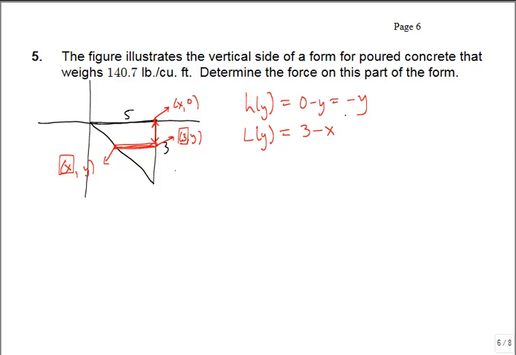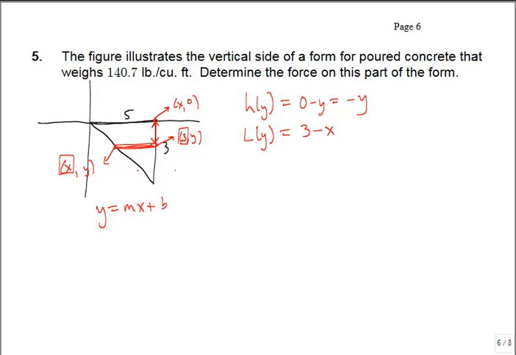Now, because we're doing our depth in terms of y, we want to do our lengths in terms of y as well. So we don't want that x in there. So we need to figure out a relationship between x and y, and that's going to be the relationship based on the equation of this line that's coming down. Now, what kind of equation would it have? Well, equations of lines are y equals mx plus b.